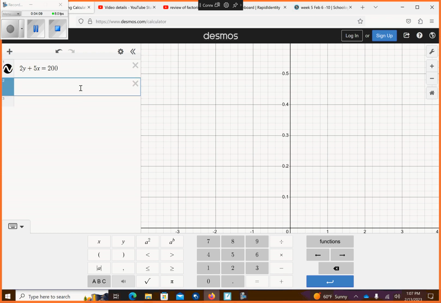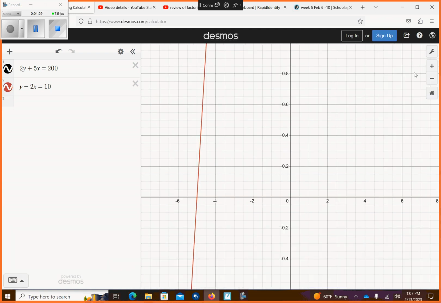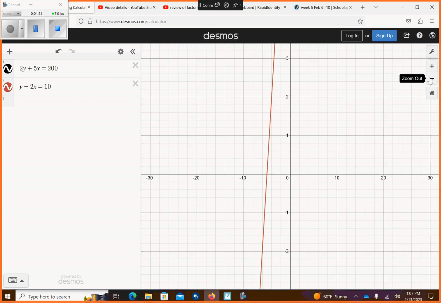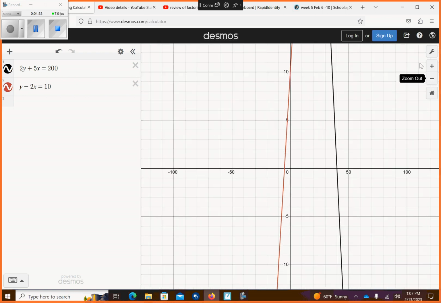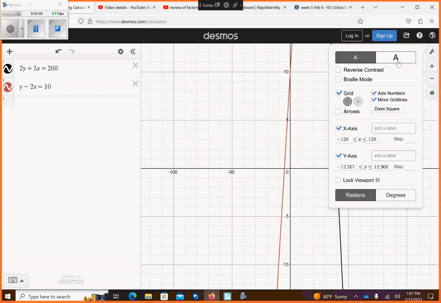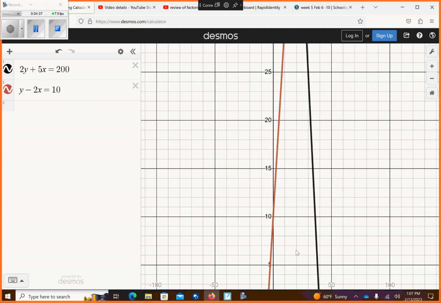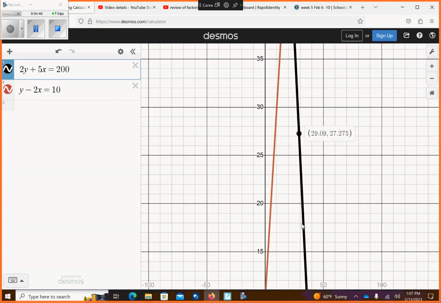And then I'm also going to graph y minus 2x equals 10. So hopefully we can start finding these. So zoom on out on Desmos until we find our graphs. And let's make this a little thicker. It's nicer that way. All right.